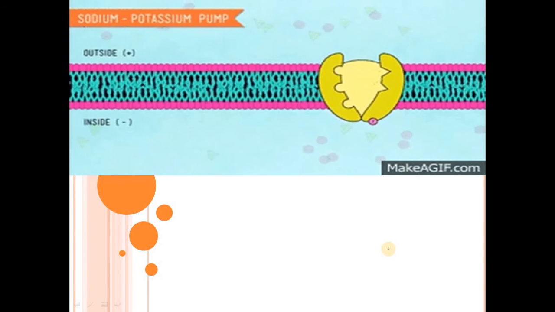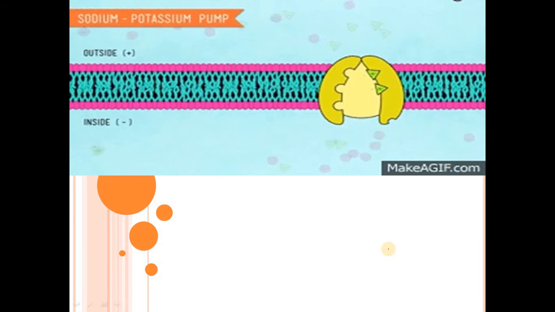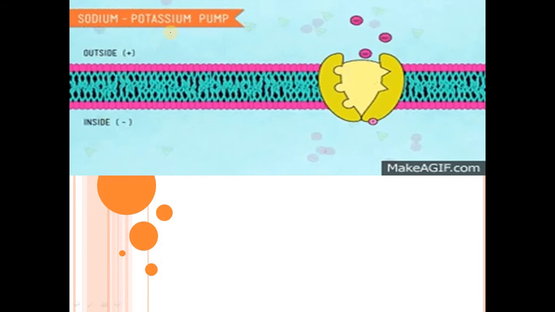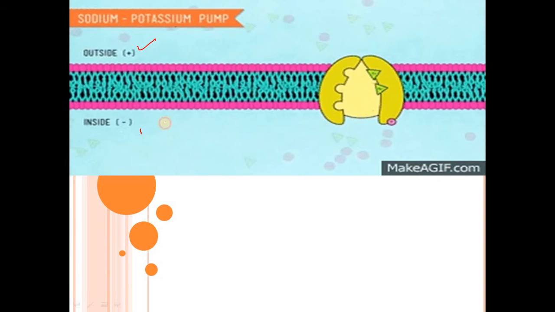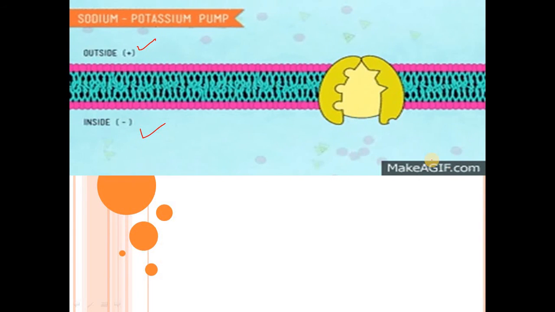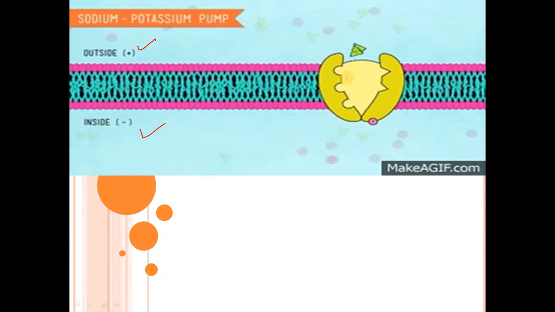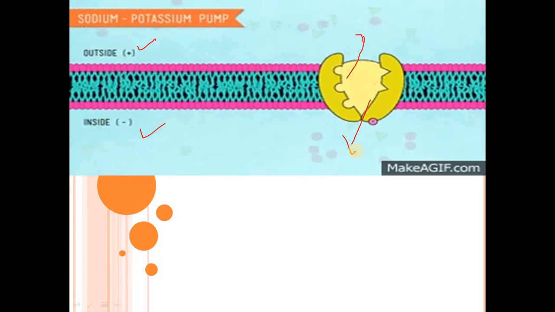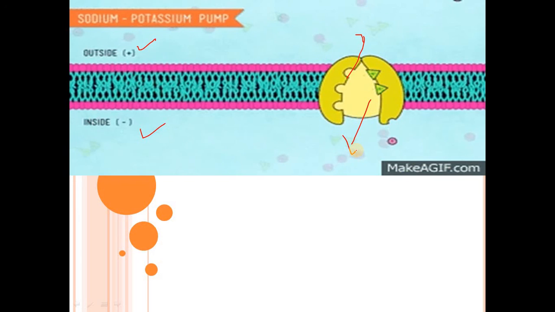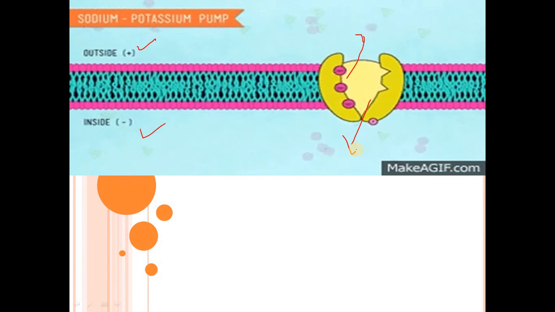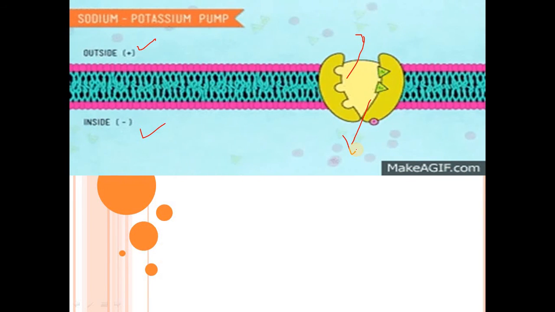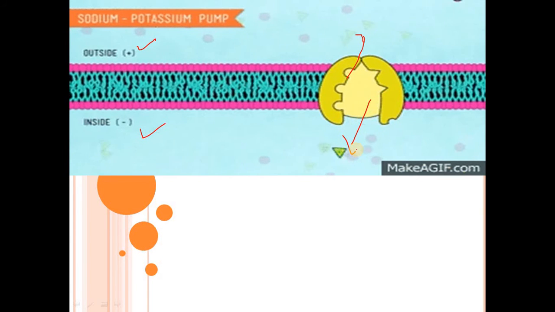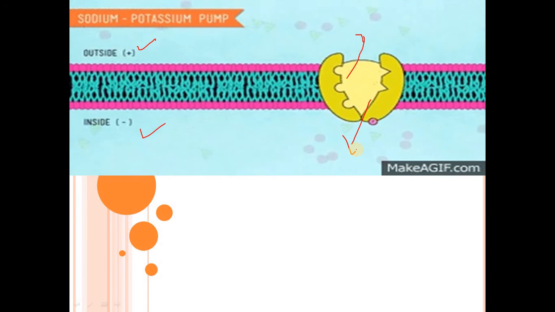Then here is the actual mechanism of the sodium potassium pump, outside the cell and inside the cell. So here 3 Na plus ions go outside the cell, while 2 K plus ions go inside the cell. This mechanism is going on, and it develops an electric potential, which is important for giving nerve signals.